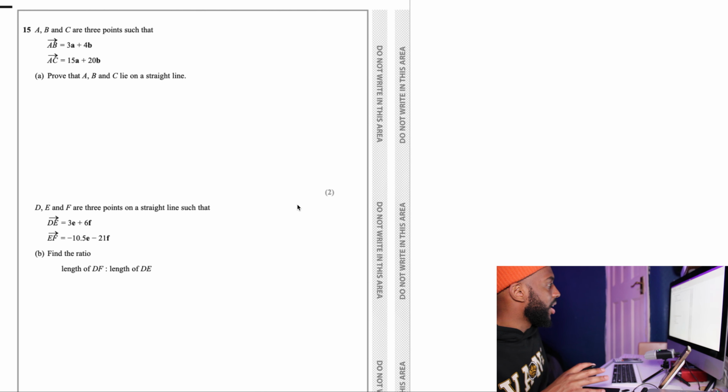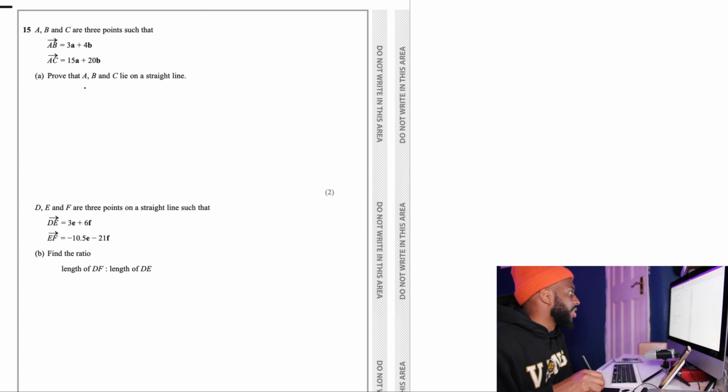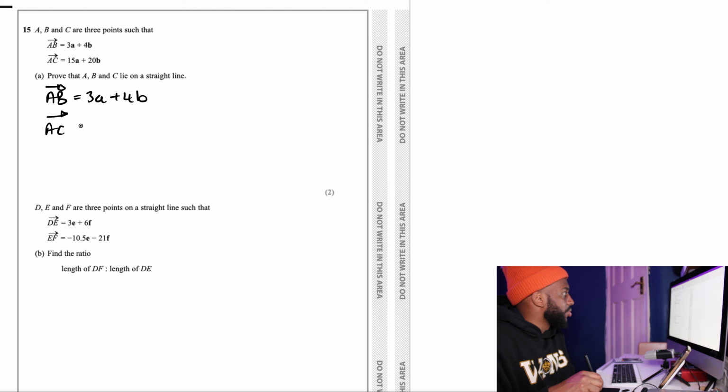Vectors. So part A, we need to prove that A, B, and C lie on a straight line. So we need to take a look at their gradients. So AB is equal to 3A plus 4B, and then AC is equal to 15A plus 20B.